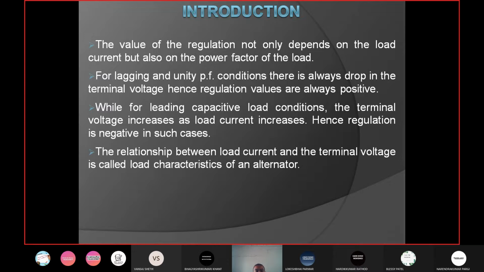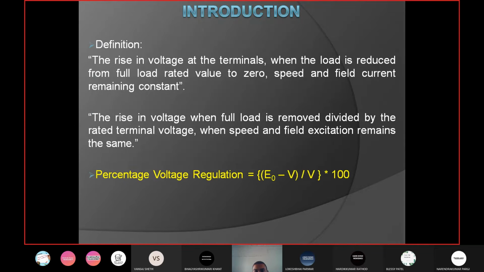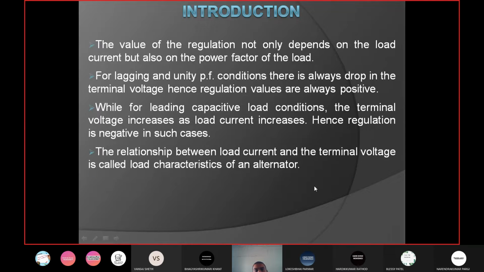Okay, if the load connected to the alternator is of lagging type, that means inductive load, or unity power factor, that means resistive load, then there is some voltage drop in the terminal voltage. Hence, according to this formula, E0 minus V divided by V, the voltage regulation is always positive.